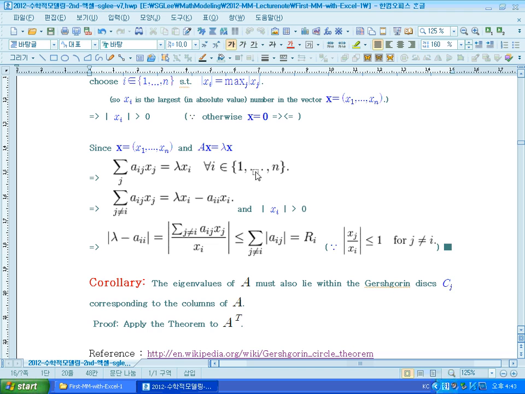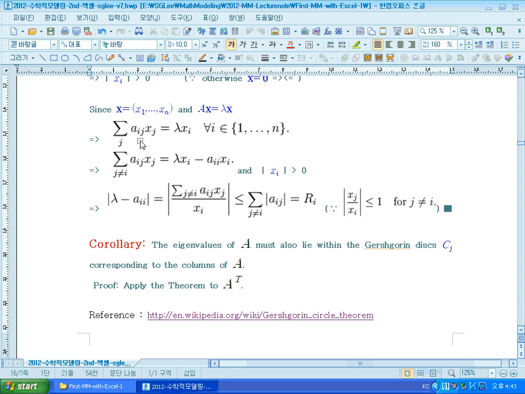And we know the absolute value of x_i is positive, so we can divide both sides by the absolute value of x_i after we take the absolute value on both sides. Then the absolute value of lambda minus a_ii is the same as this value over x_i with the absolute value over it.